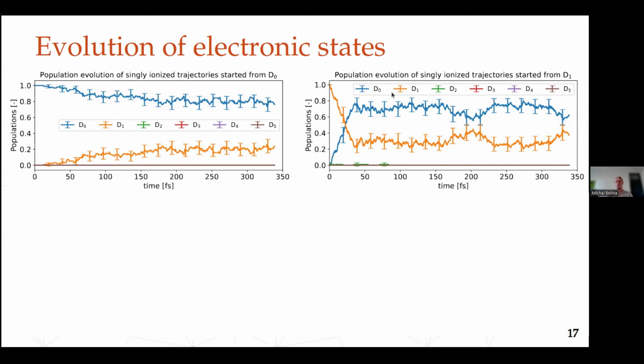And whenever we started from the D1 state, there was first some drop of the populations, but then again some stable state was found.